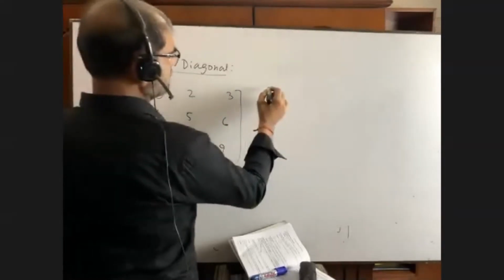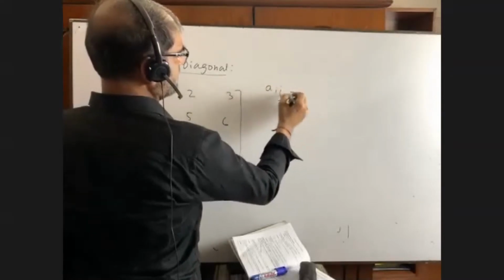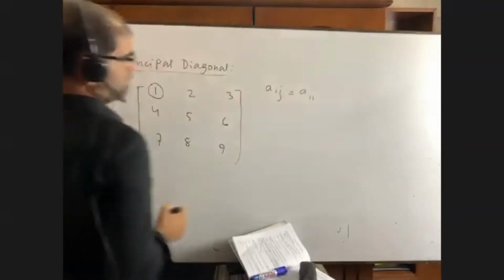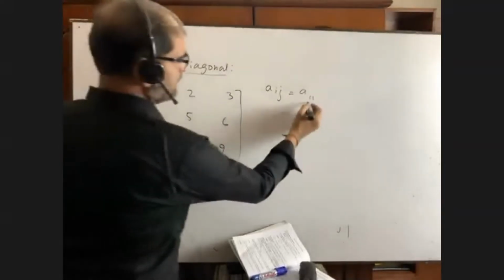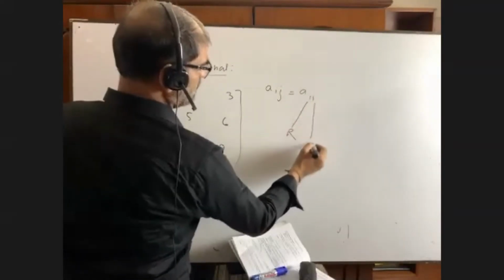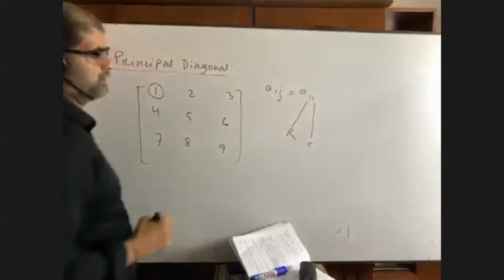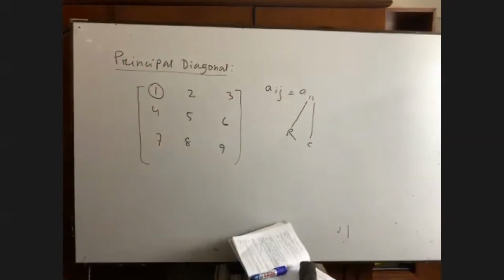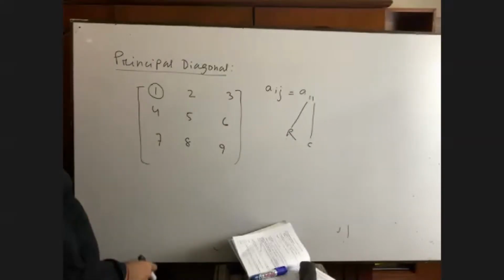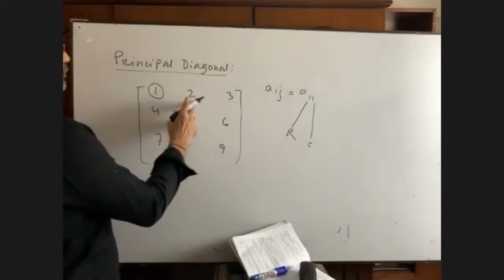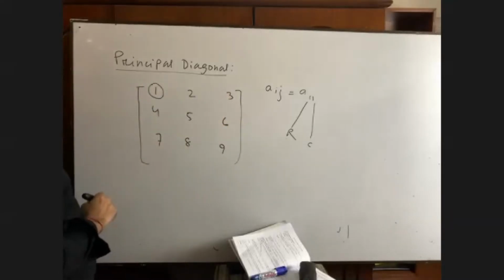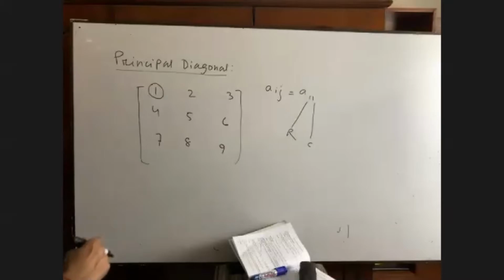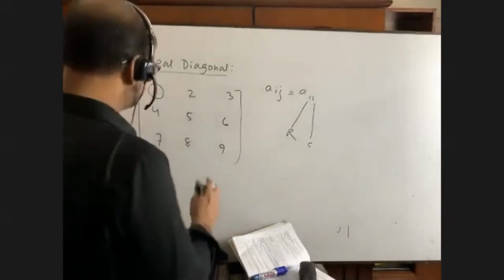If it is considered as Aij, then the first entry is A11. A11 means first row, first column. Then A12, A13. Very good.